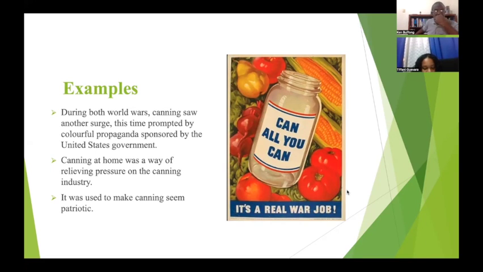They were encouraged to plant victory gardens and also can the food they grew. It was used by Anne Eflon, who is an official in agriculture in the American government. She was basically the driver of this whole canning procedure.